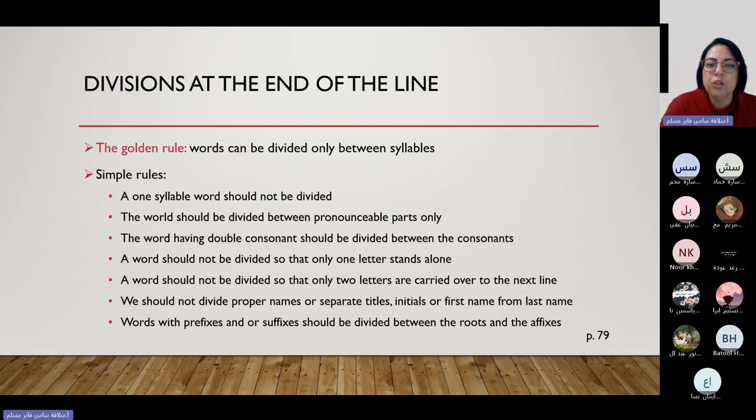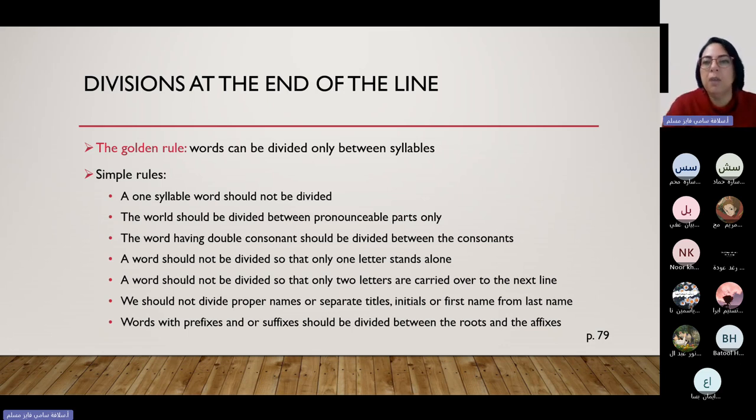We should not divide proper names or separate titles, initials, or first name from last name. For example, if I want to say a name like Iman Elayan, I cannot put Iman on one line and Elayan on the next line. No way, okay?